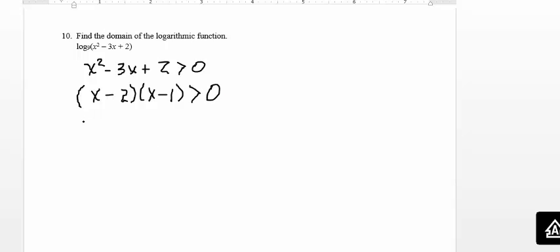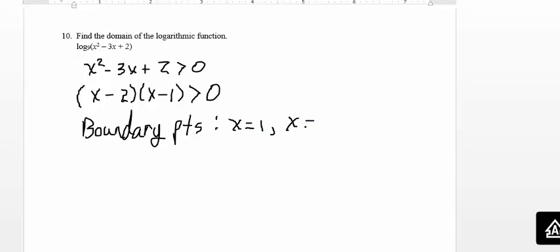So our boundary points are the x values, x equal to 1 and x equal to 2. And remember that when I'm solving this type of inequality, I'm dividing the number line up based on these boundary points.